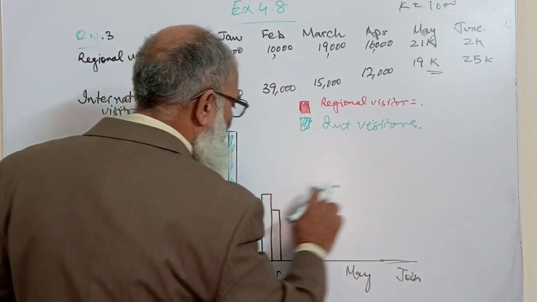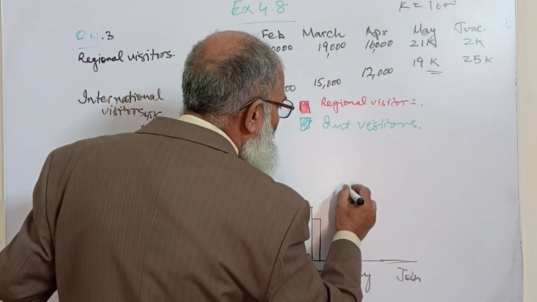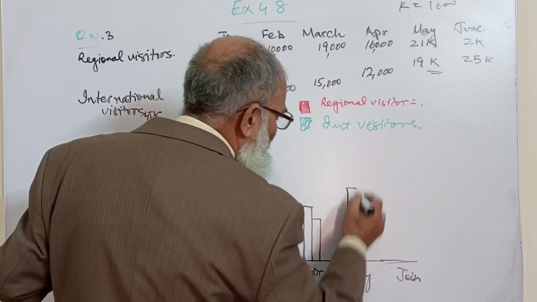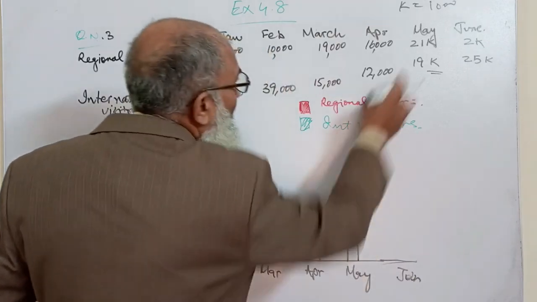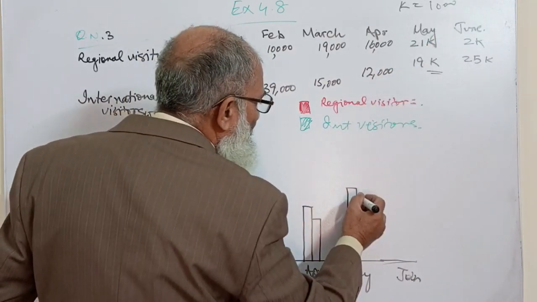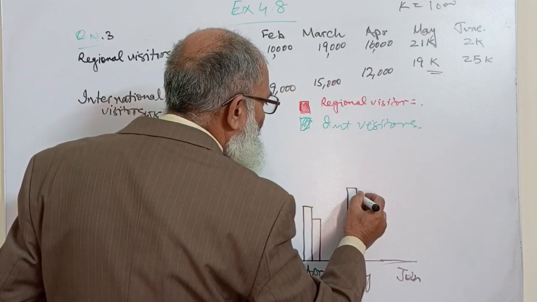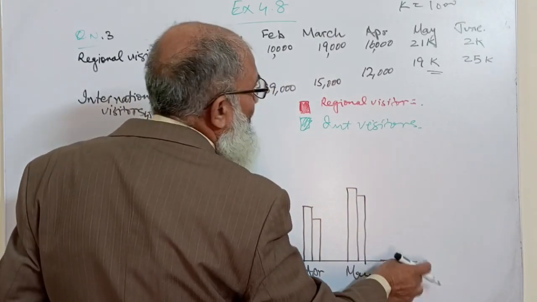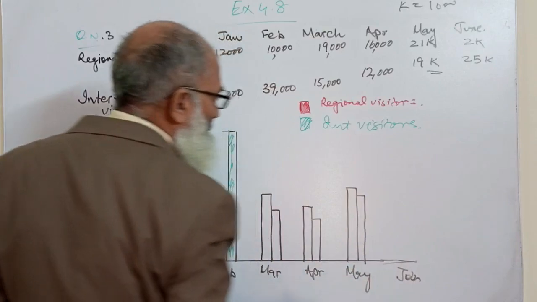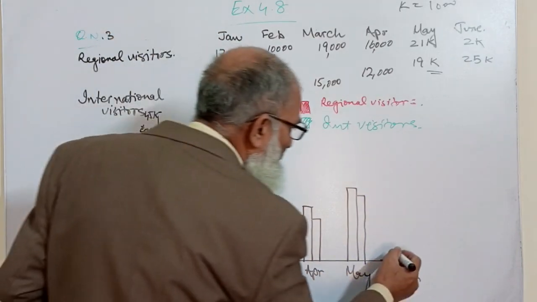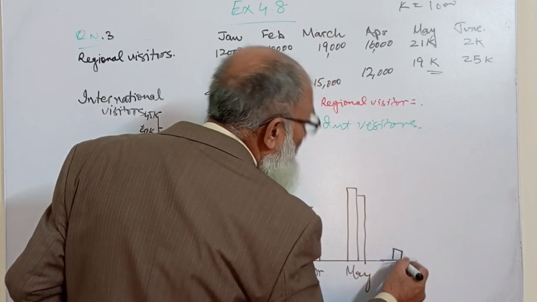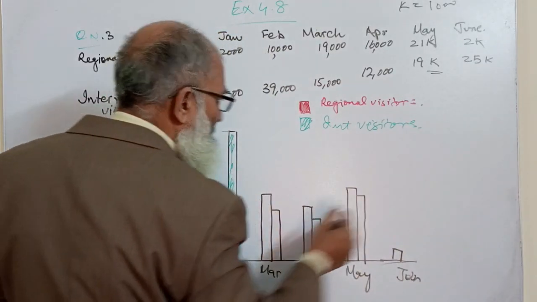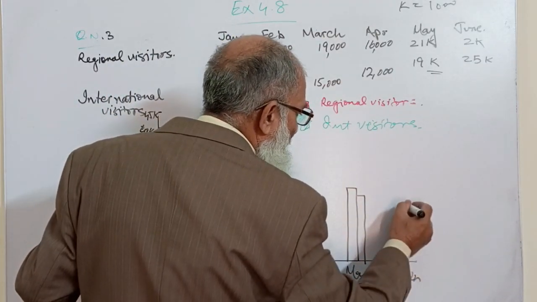Now this is 21,000. So you will come over here with the local visitors, and 19 somewhere here. And in June, 2,000 visitors only, local visitors, and then 25,000 visitors international.